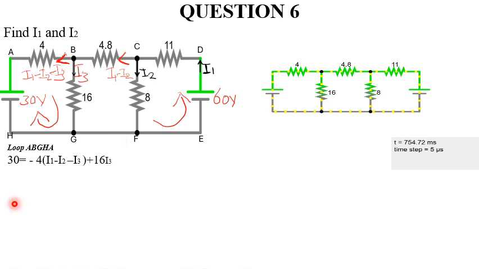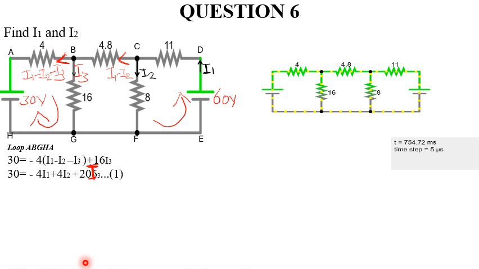So we can simplify this equation. It becomes 30 is equal to minus 4 I1 plus 4 I2 plus 20 I3. Here is I3, sorry, 20 I3.